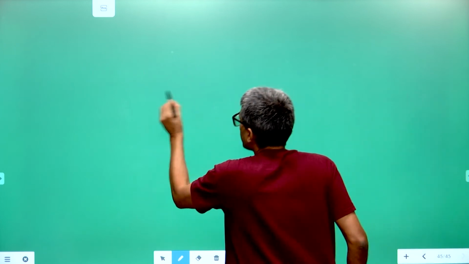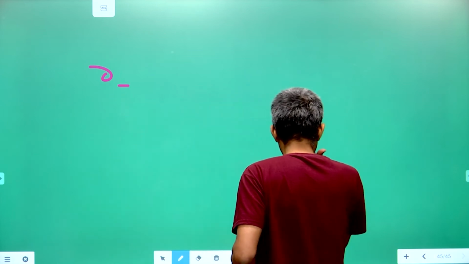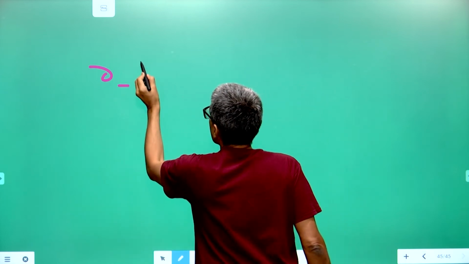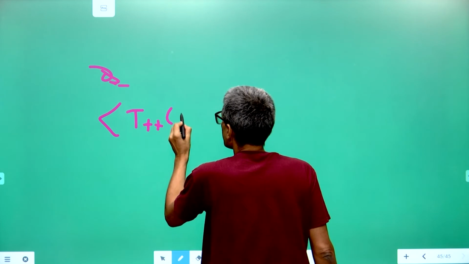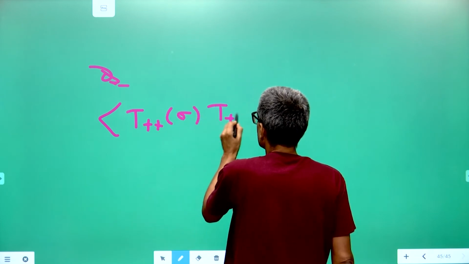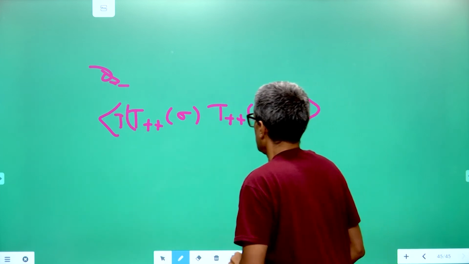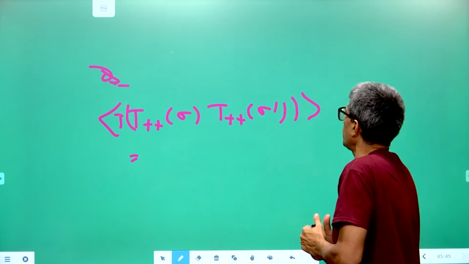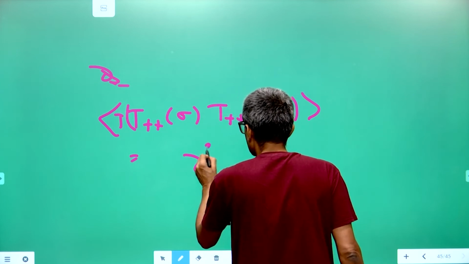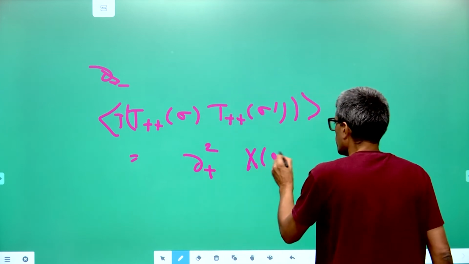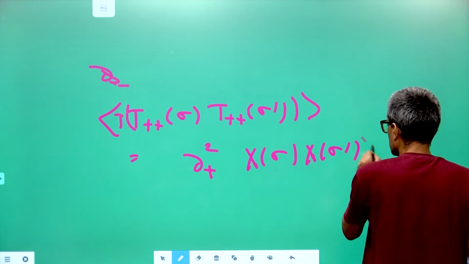Just check that. See, if you calculate ∂_−, you write it down this way: T_{++}(σ) into T_{++}(σ'), the time ordered version, vacuum expected value of this is equal to ∂_+² of X(σ'), time ordered version of this.